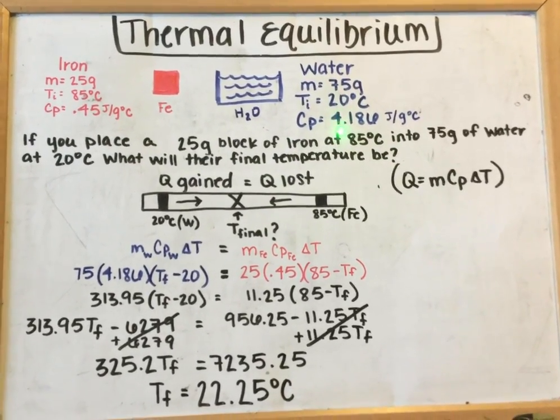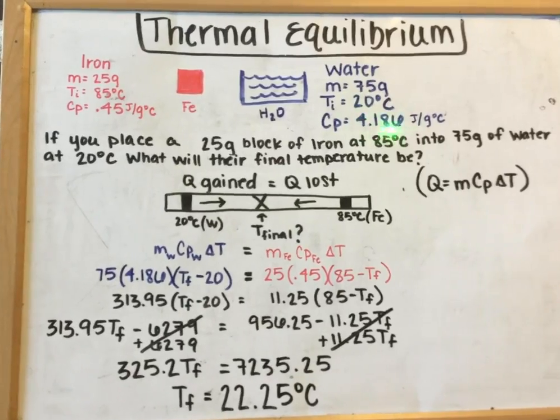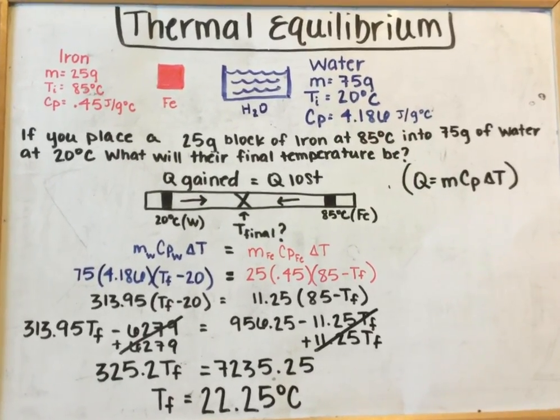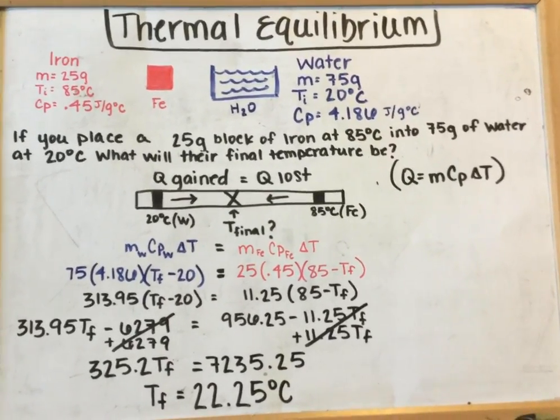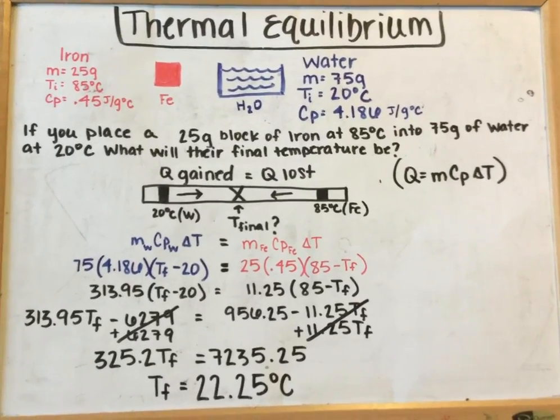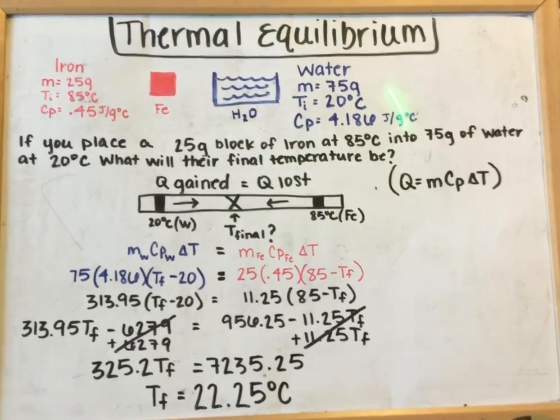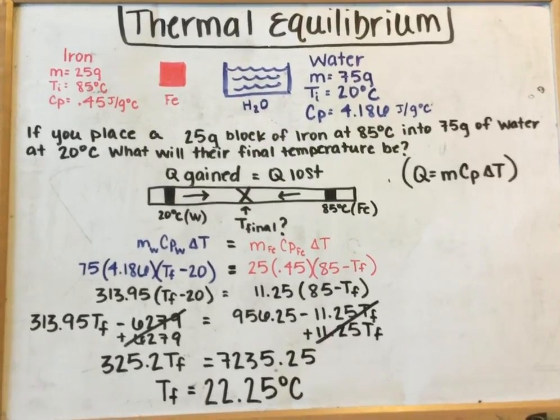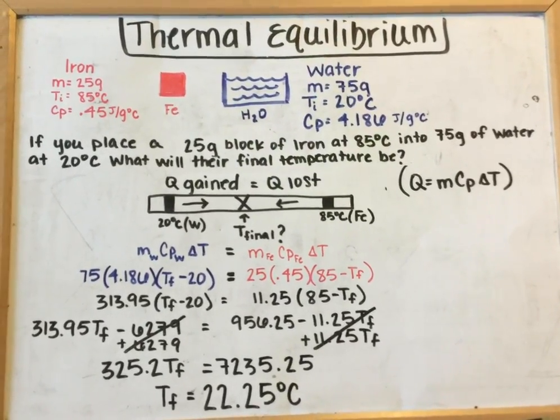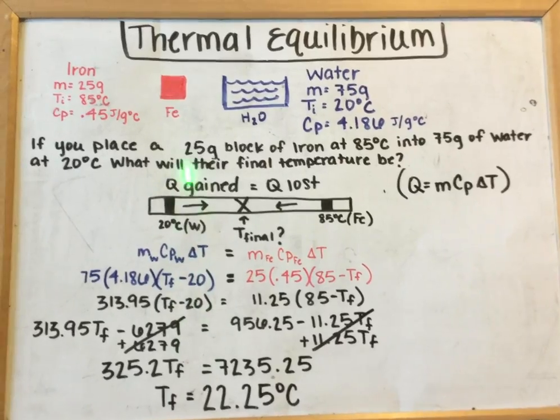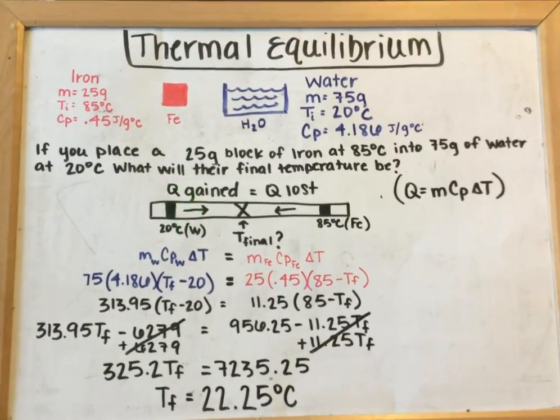Water is one of the substances with the highest specific heat that we know of. It takes a whole lot of energy to change the temperature of water, and it can hold heat for a really long time also. So our final temperature is way over here, 22.25.